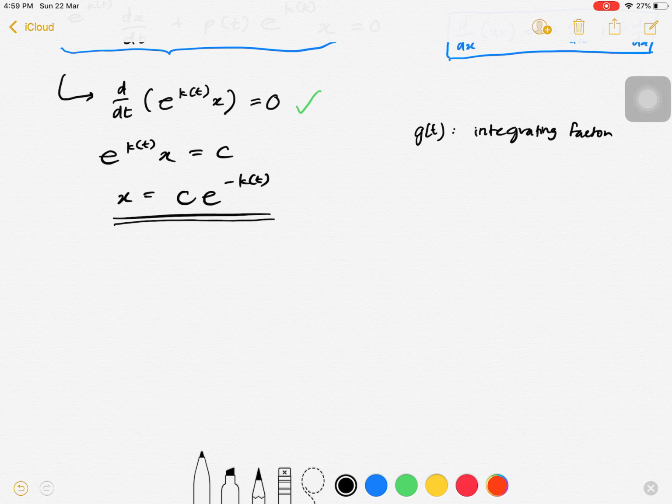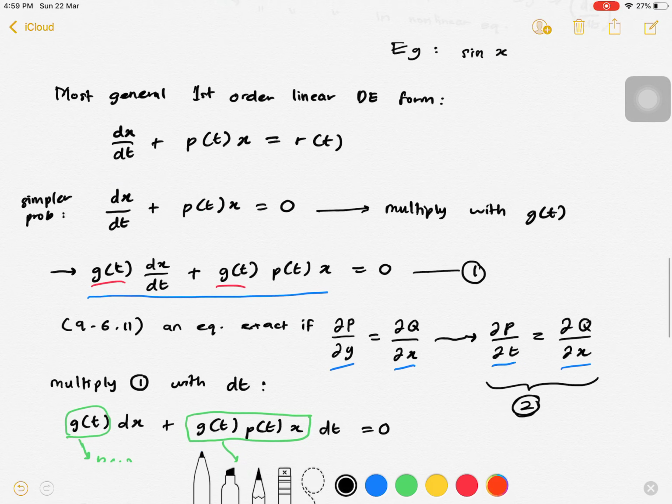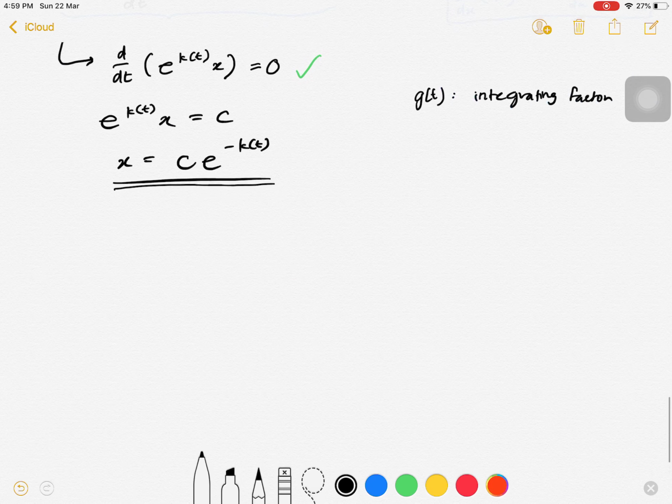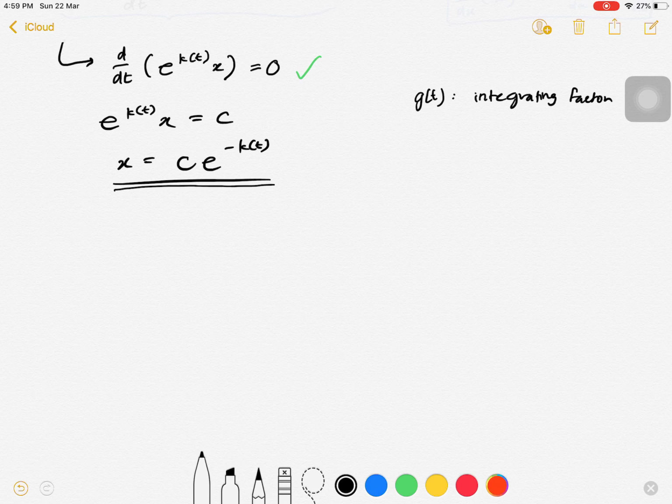So let's say the original equation, when we don't have g, when we don't put the integrating factor, dx/dt plus p x can be a non-exact differential, right?